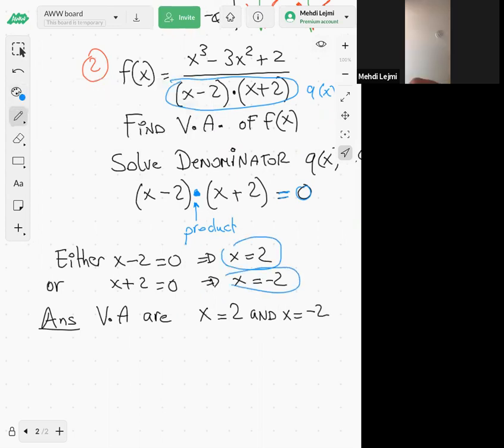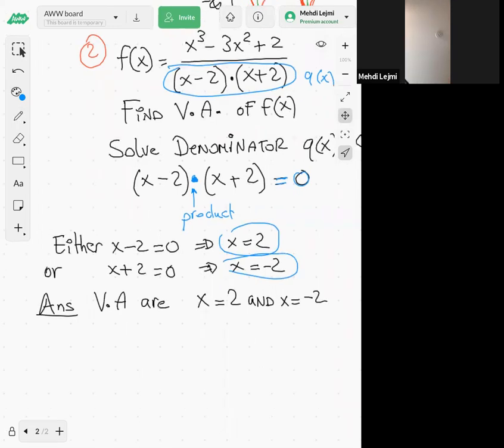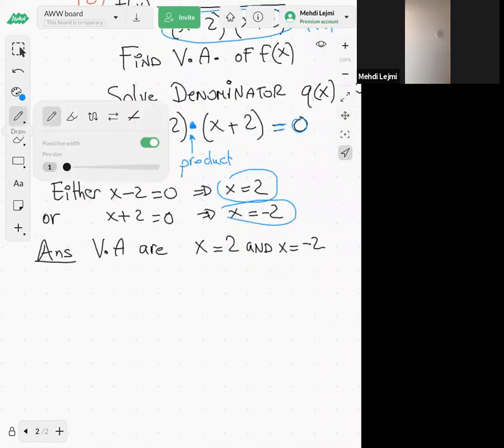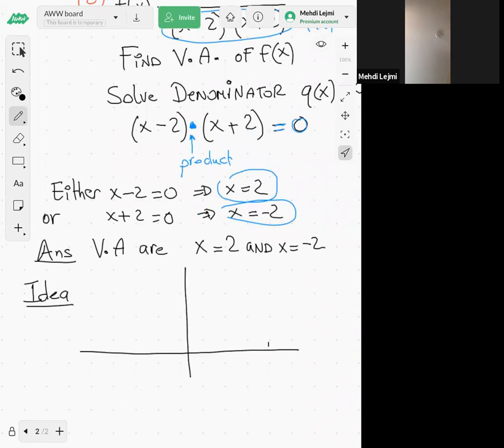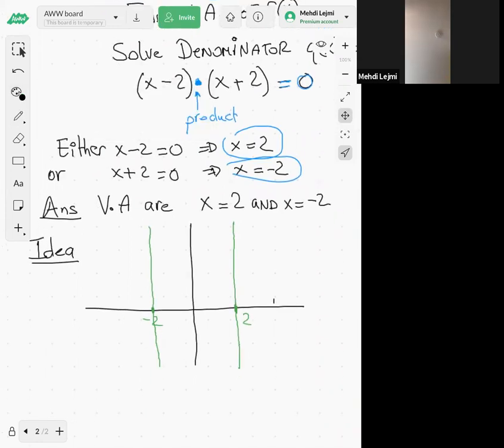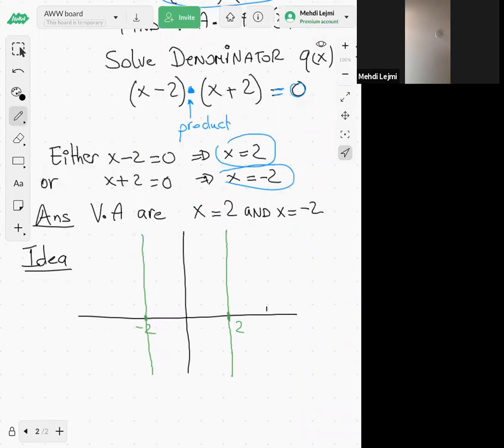And again, the idea is, when you graph your function f, you're gonna have something which looks like, so here's my negative 2, here's my positive 2, so my vertical asymptote at negative 2, my vertical asymptote at positive 2. All right, and I'm supposed to have positive infinity here in the top and negative infinity here in the bottom.